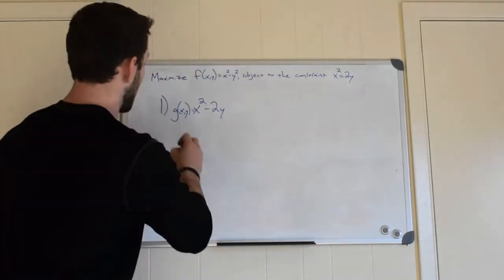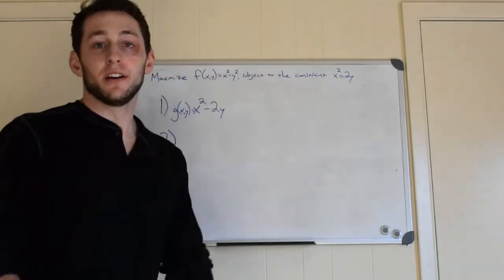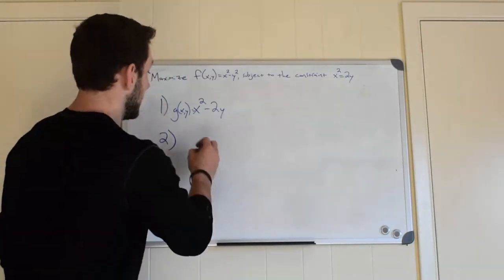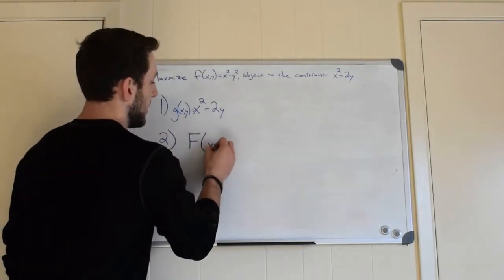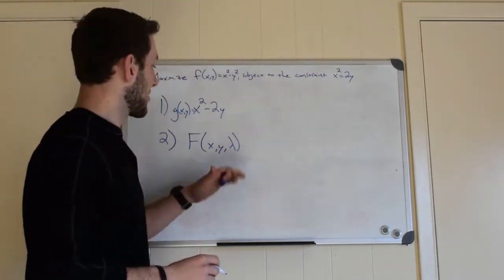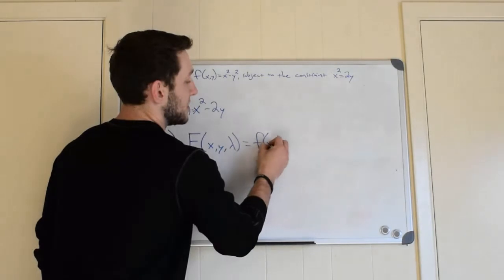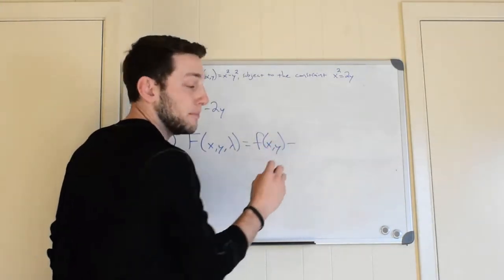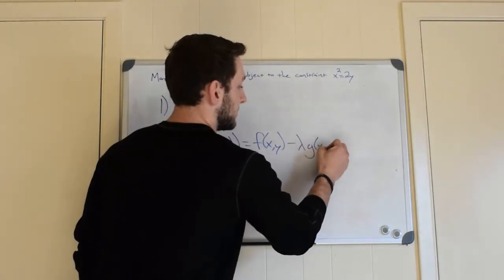Now step two in the process was to come up with the big function where we get the lambda involved, the capital F, the Lagrangian function. Now remember that this is a function of 3 variables, we're including lambda, and it's defined as our original function minus lambda times your constraint function.